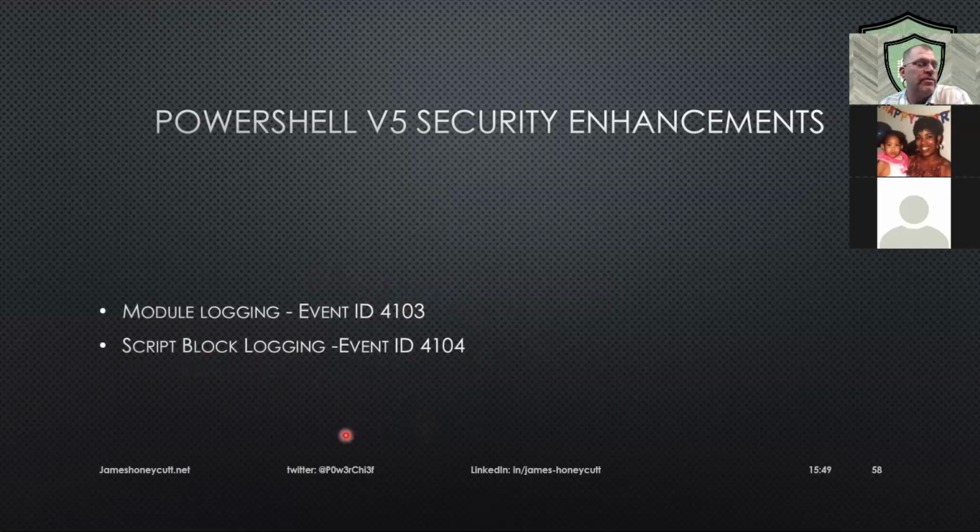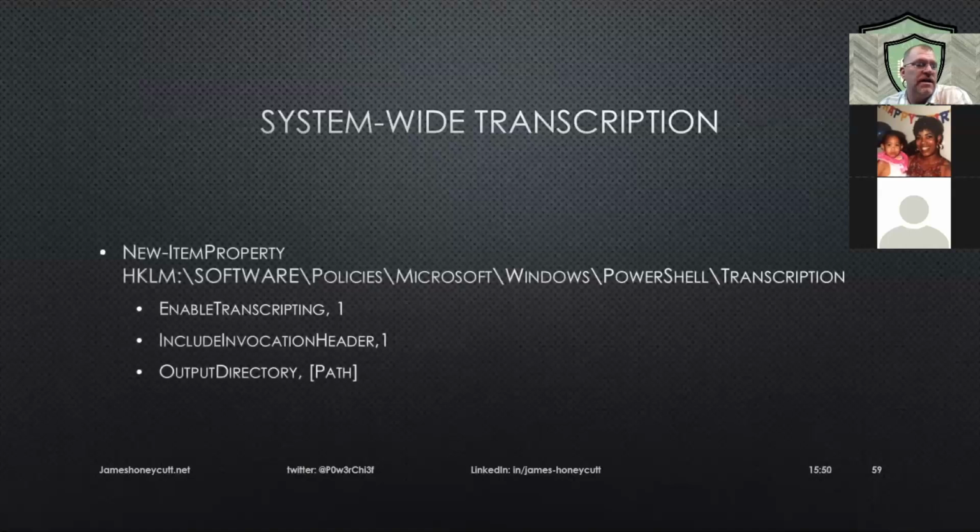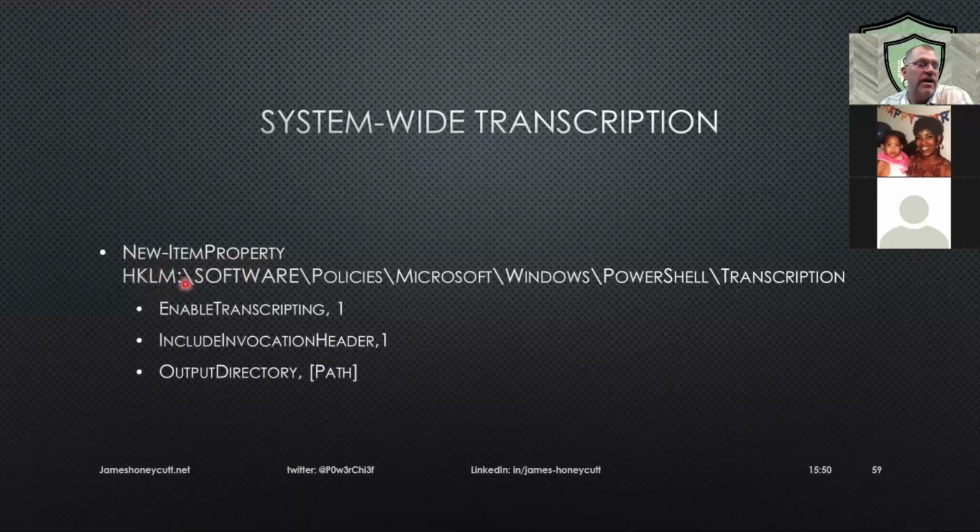But you do have to enable script block logging. It's not enabled by default. So here's the commandlet you would use, a New-ItemProperty. Or no, this is to enable system-wide transcription.